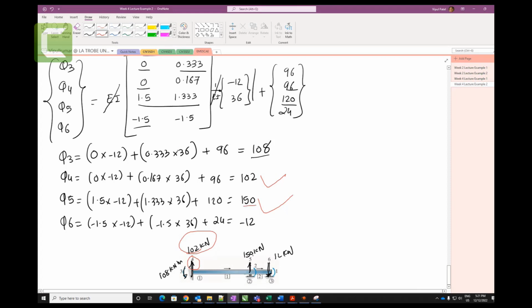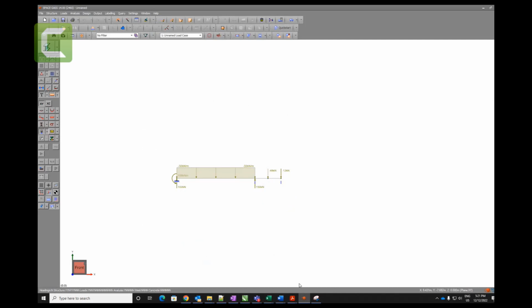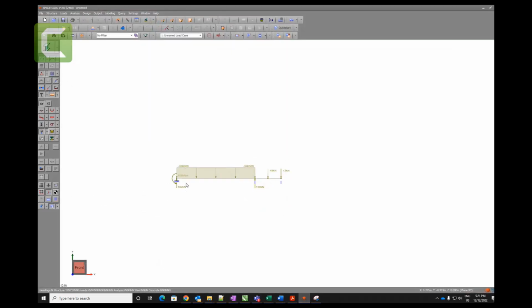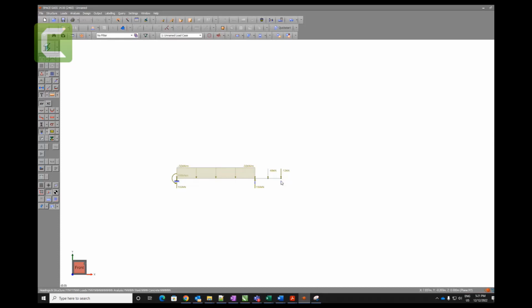Q5, 150. And 108 at Q3, moments. So 108 Q3 here. And the last one, Q6, minus 12. So Q6 is here, minus 12, right?